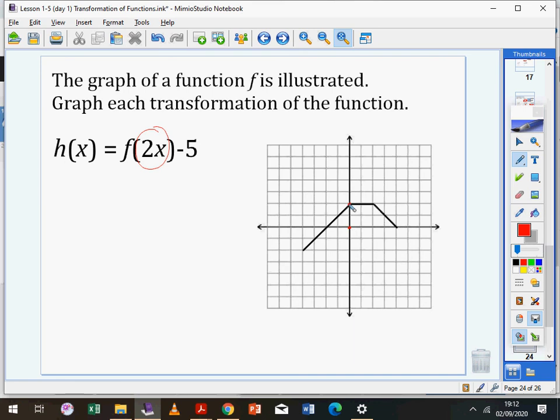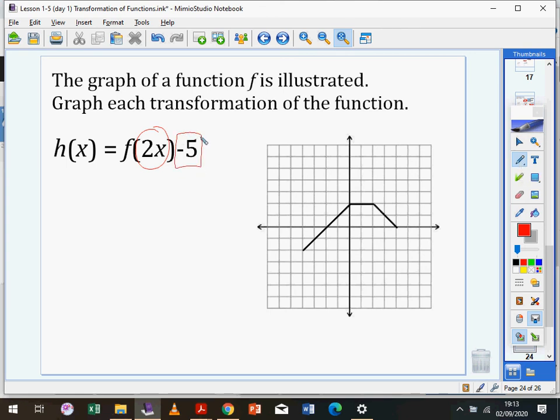This time I have x is 2 times 0, or x is 2 times 1. So remember, that's a horizontal compression. So it's going to be compressed horizontally. Horizontal compression is going to happen to this function, and then it's going to be moved 5 units down.